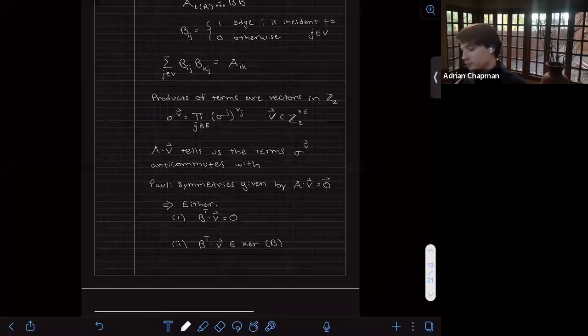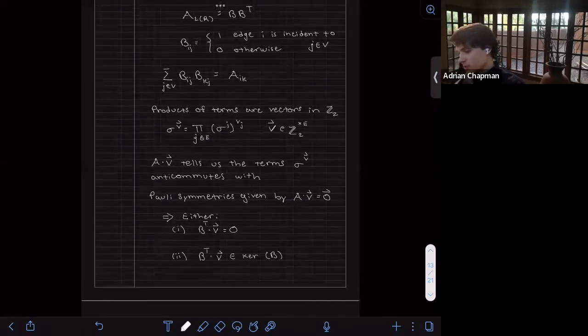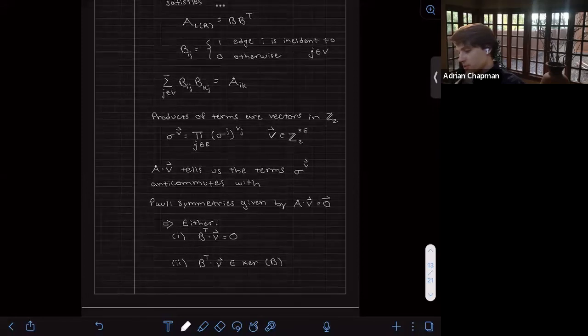Okay, so what's in the kernel of B transpose itself? B transpose has a row index given by a vertex and a column index given by an edge. So if that's 0, what that means is that this is a subset of edges such that every vertex is incident to even many of those edges.